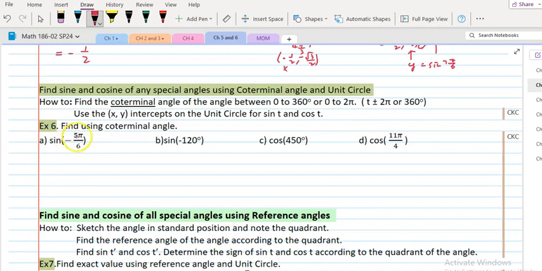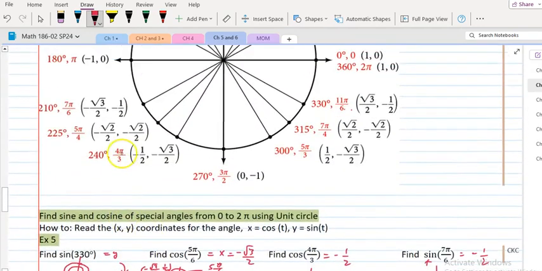Let's look at negative 5 pi over 6. What is its coterminal angle? It's a negative angle, so I add 2 pi. Negative 5 pi over 6 plus 2 pi is negative 5 pi over 6 plus 12 pi over 6, which is 7 pi over 6.